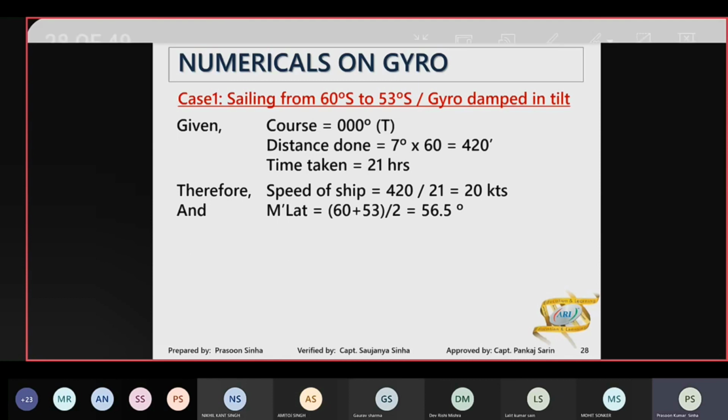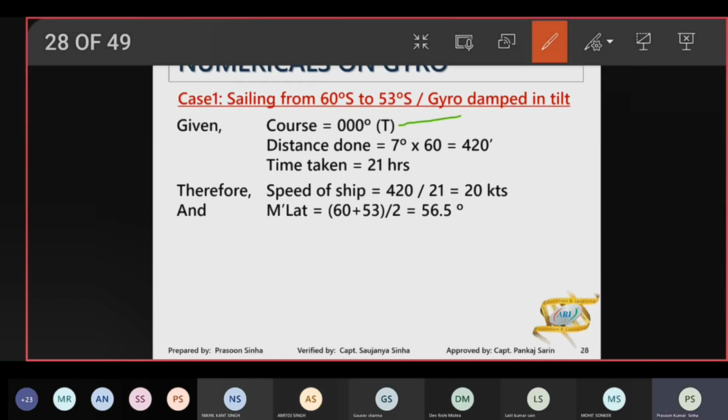So now we have course, speed, and latitude. We have a gyro compass which is damped in tilt, so both DE and SE will be applicable. In case 1, we had the gyro compass damped in tilt, so we are going to deal with both DE and SE.